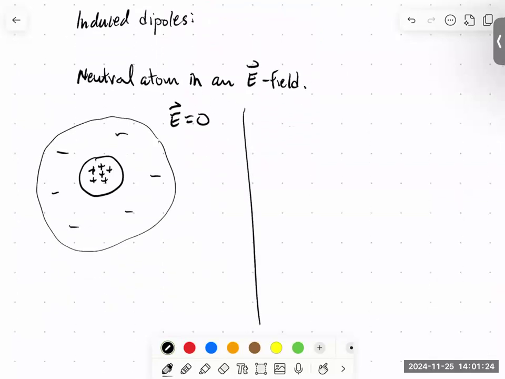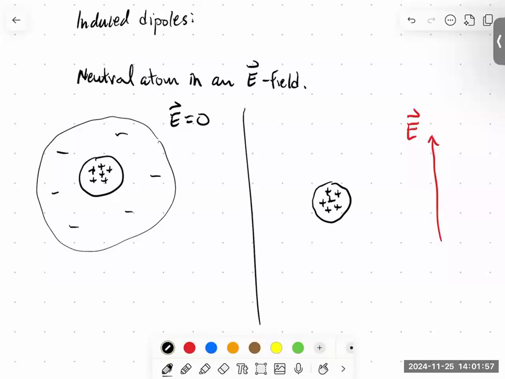Okay, and then we're going to take that same neutral atom and put it in an electric field that's not equal to 0. So we'll have our nucleus with 6 plus charges. Now this electric field is going to exert forces on these light electrons, and it tends to displace them down a little bit.